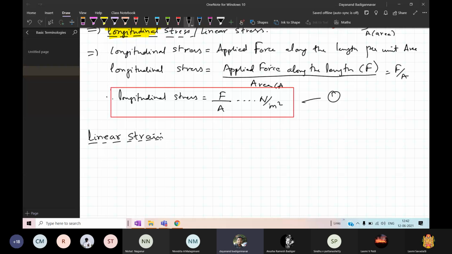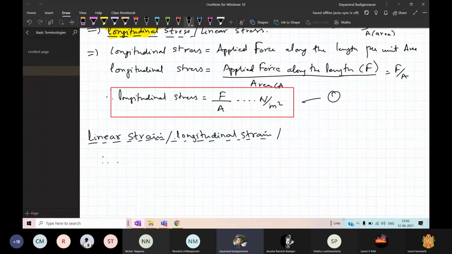This linear strain is also called the longitudinal strain, or it is also called the tensile strain. Just take it as tensile strain, that's all, or longitudinal strain. I'll tell you later why it is also called tensile strain.